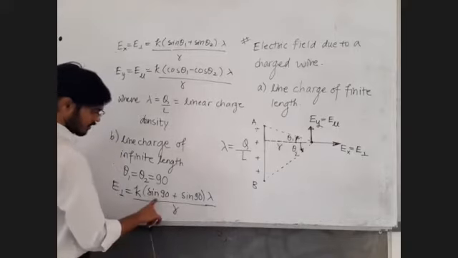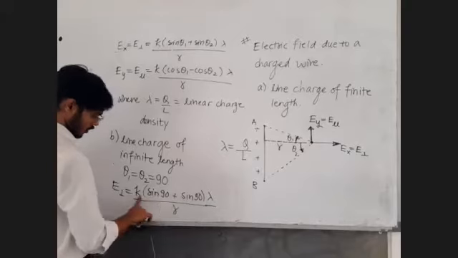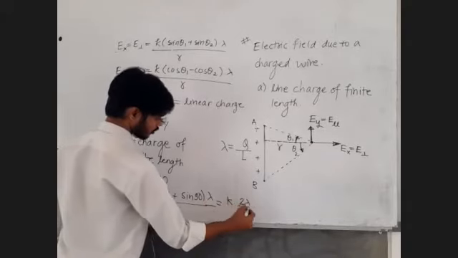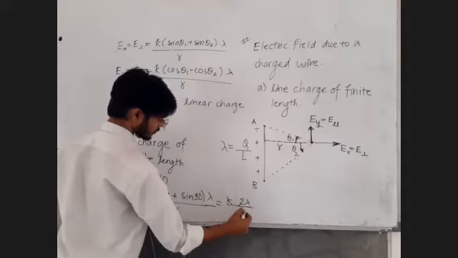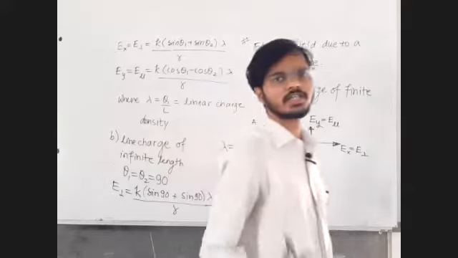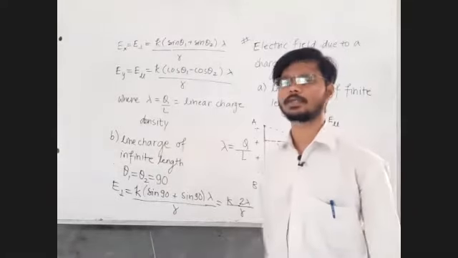Sir, sine 90 is 1, sine 90 is 1, 1 plus 1, 2. So K into 2 lambda upon R. Very simple. Reply in the chat box, clear and written. E perpendicular, I just found out. E parallel, we will find out, but for the time being, E perpendicular.